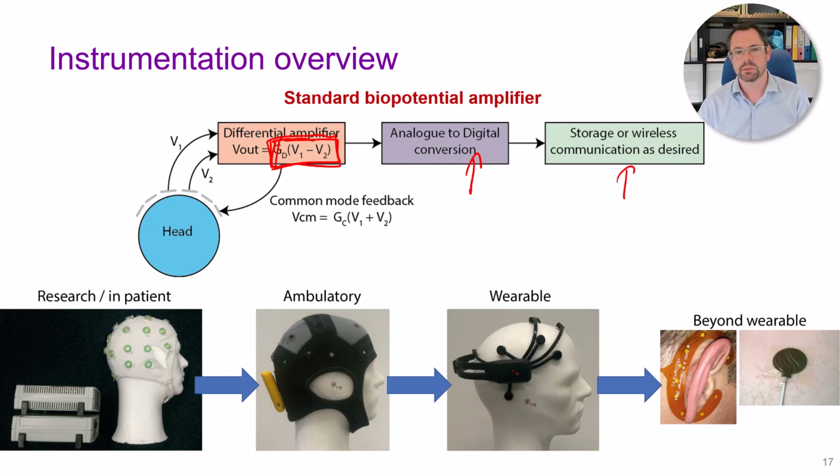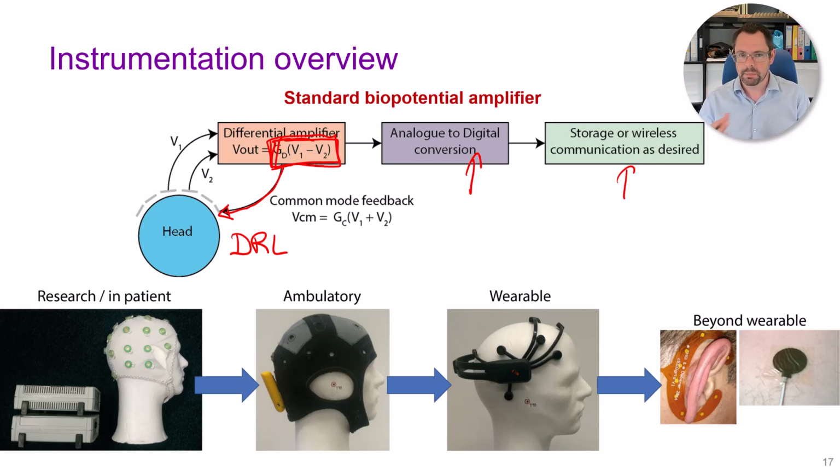Now, just amplifying the difference between two signals probably isn't enough to get a good quality EEG. You can do it, but most of the time we introduce a third electrode, which goes by a few different names. Typically it's called a driven right leg. That terminology comes from ECG, because the basic principles apply in exactly the same way, even if the electrodes are in a different place and the signals are different sizes.